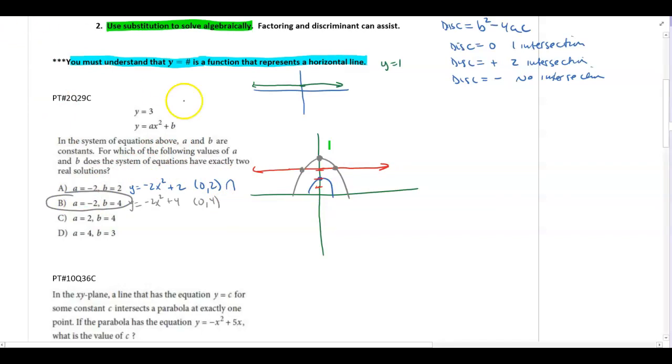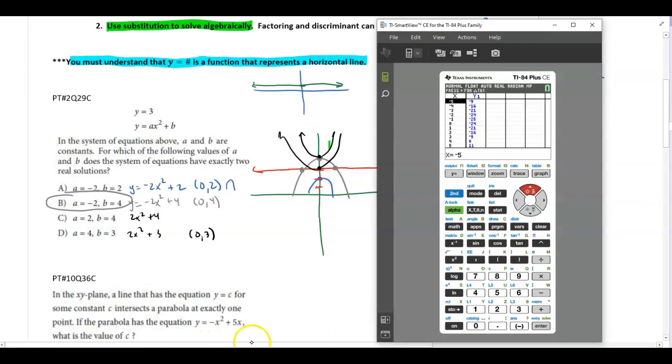If I look at the others, letter C would be 2x squared plus 4, with vertex 0, 4, but it would open up because a is positive. The last one would have a vertex of 0, 3 and open up, but that would only have one solution.